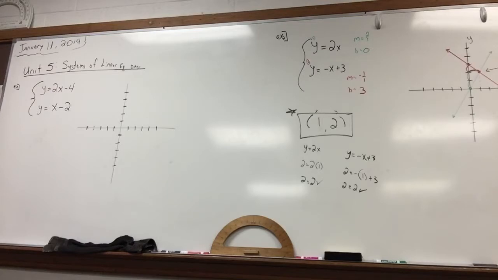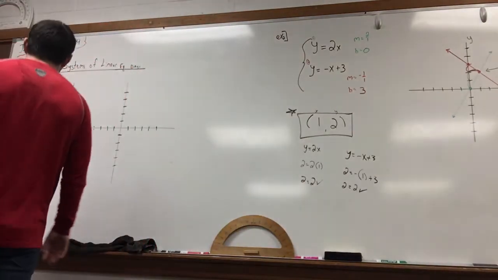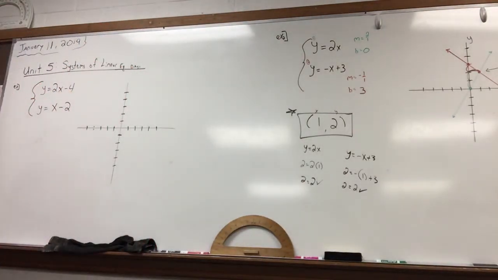Extend them, you can't make them short. Extend them. You guys remember, so it intersects at 3, 5, 1, you get what I'm saying? I don't think 3, 1's gonna be it.